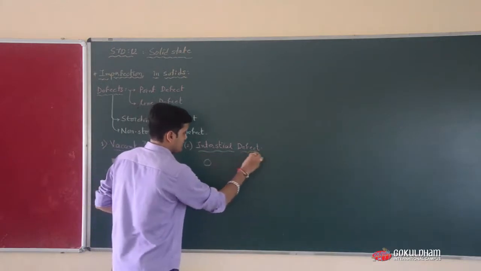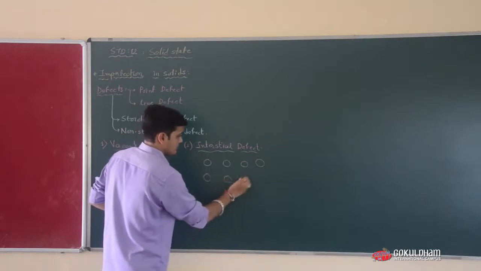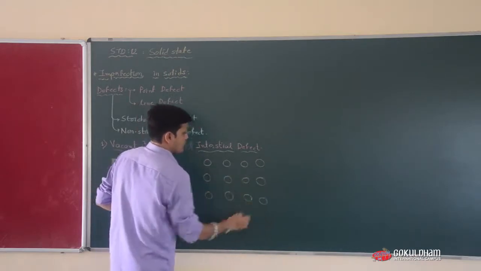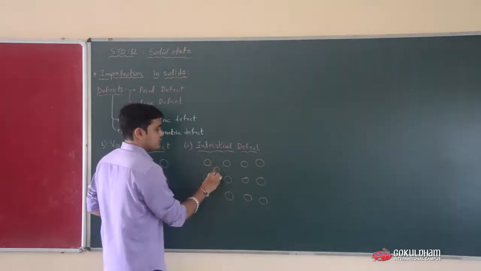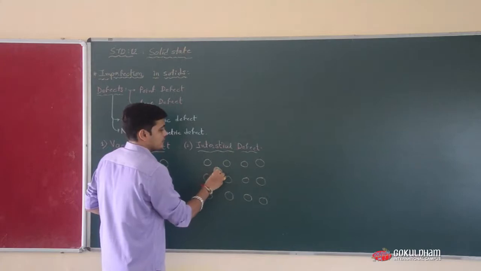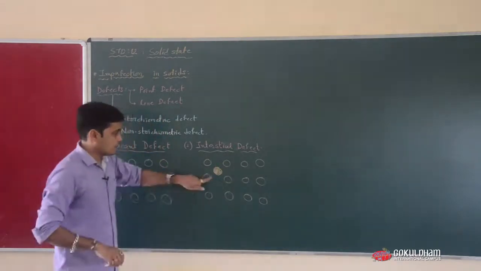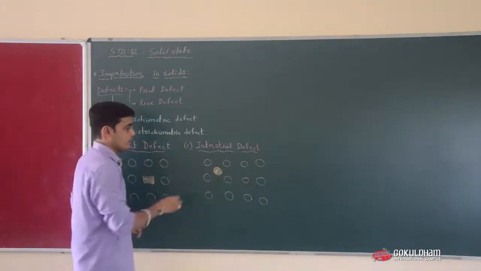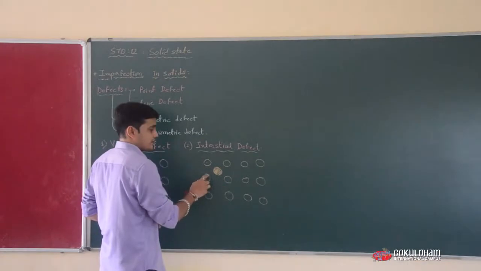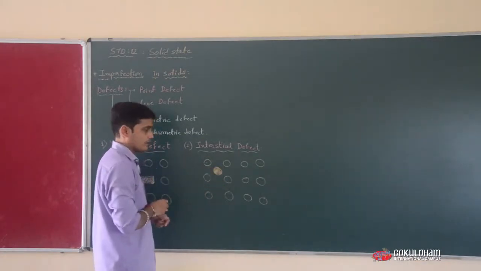In interstitial defect, another molecule is situated in between the regular molecules, which are in a uniform arrangement. This is going to increase the density of the normal crystal because this particle is in an inappropriate location.